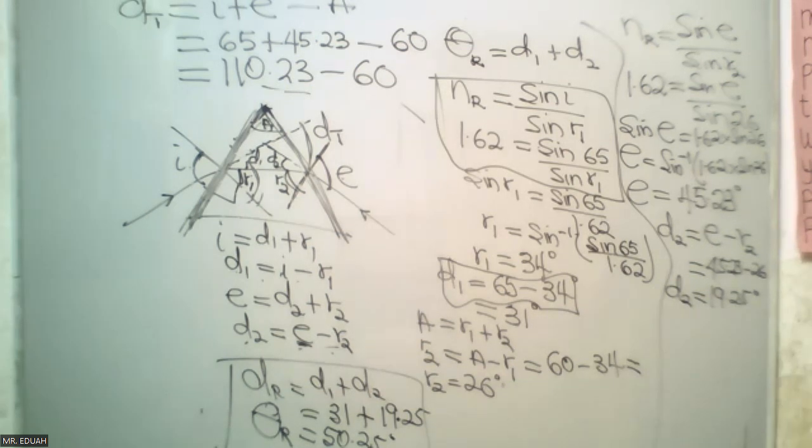So different colors of light have different frequencies. This is because different colors of light also have different wavelengths. The greater the wavelength, the lesser the frequency, and the lesser the wavelength, the greater the frequency. Frequency is inversely proportional to wavelength of light.